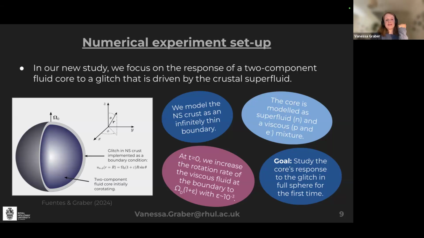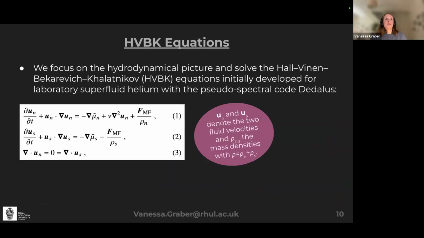So this has never been done. It had been done in a spherical shell a couple of years ago. But really looking at the entire spherical structure is something that we did for the first time in this analysis.